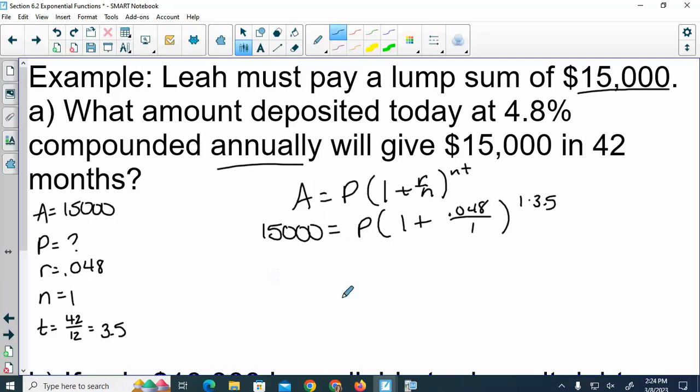You could go straight to your calculator and divide all this over. You could choose to clean it up a little bit first if you wanted. 1 plus 0.048 divided by 1 is 1.048. 1 times 3.5 is 3.5. So we're basically just going to divide that over.